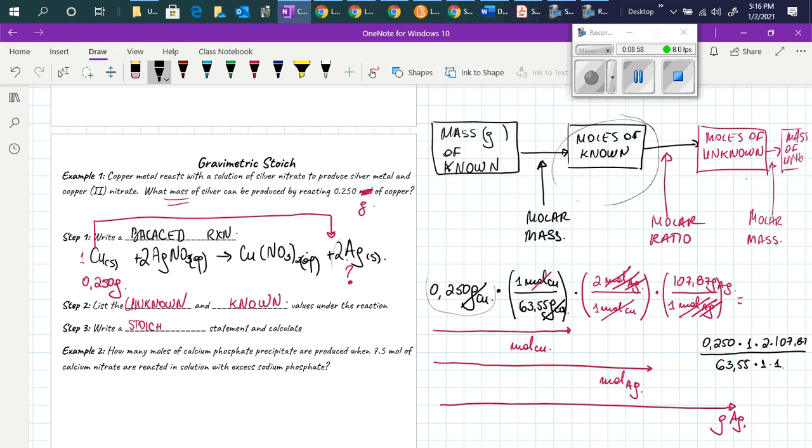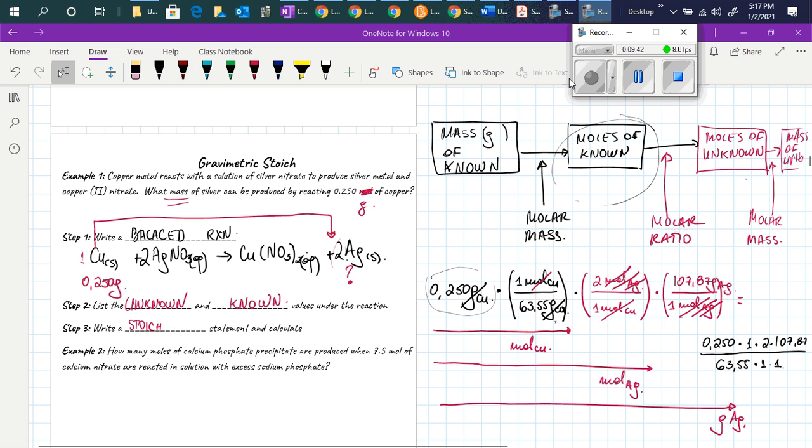We started with mass of known, then moved to moles of known using the molar mass, then to moles of the unknown using the molar ratio, and to grams of the unknown using the molar mass again. Enter this number in your calculator, and you should have, I think, 53 something grams.